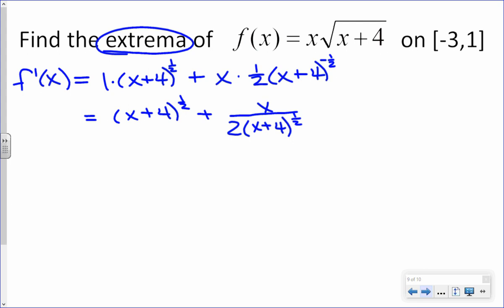Okay, so this actually is pretty okay. Since this denominator is 2 times x plus 4 to the 1/2, that is what we are going to have to multiply by in order to get our common denominator. And what happens when we take x plus 4 to the 1/2 times x plus 4 to the 1/2? Equals x plus 4. It's x plus 4 to the 1.